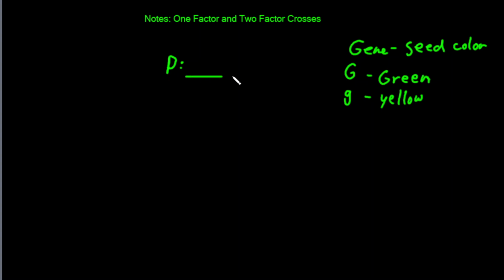Then it has P and it has two blanks. This is to fill in the parental cross. So we're going to fill in the parental genotypes. It says two heterozygous genes. Since the problem says to cross two heterozygous green-seeded plants, remember that heterozygous means that the two gene letters are going to be different.